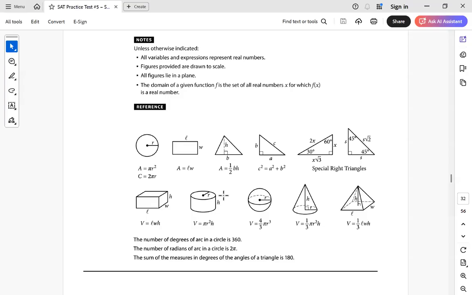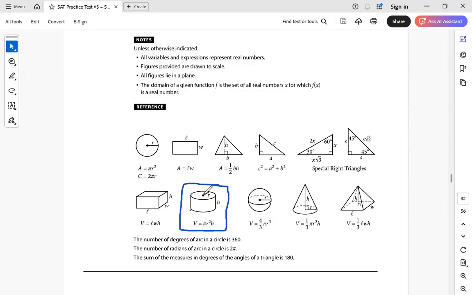So the right circular cylinder, a cylinder is this guy. And when it says right circular, it just means this is straight up. These lines are straight up. Notice that the volume is given to me by pi times radius squared times height.